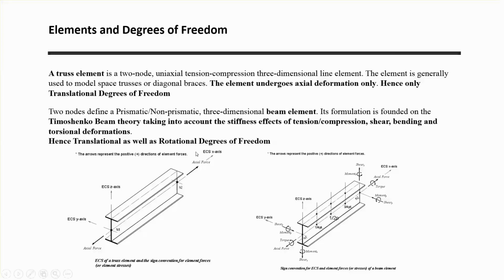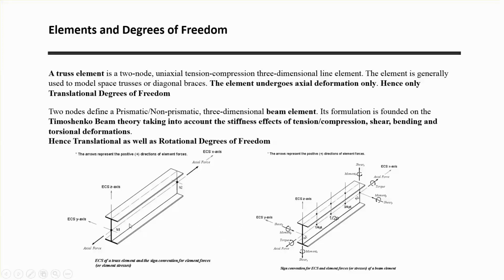The ECS will depend on the direction in which we are creating the element. If we create an element from node number 1 to node number 2, then the direction will be in this direction. If it is a column element, then that vertical direction would be the x axis, which is parallel to the global z axis. It is as simple as that.